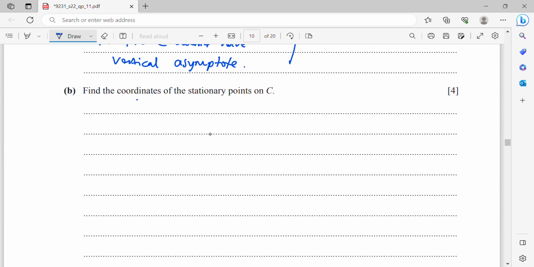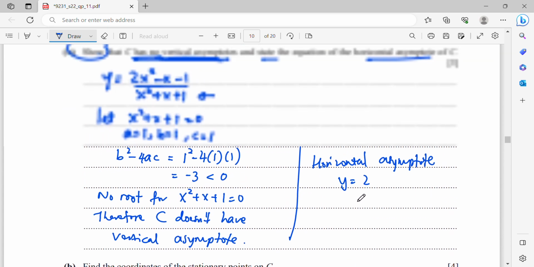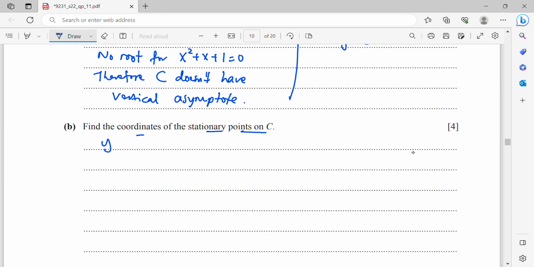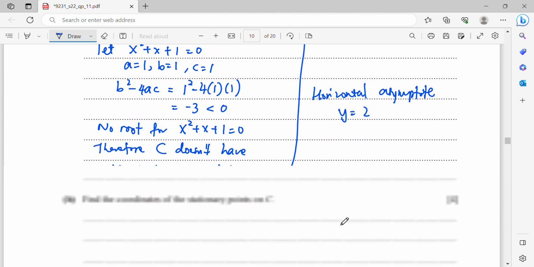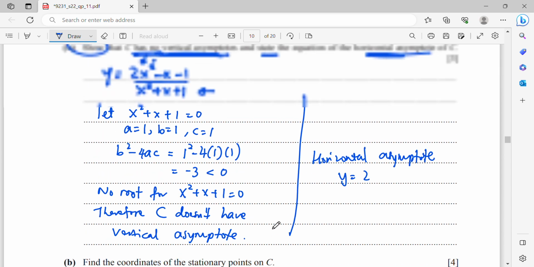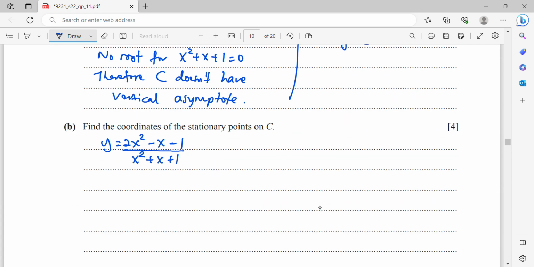Okay, B, find the coordinates of the stationary points on C. Stationary points means dy/dx equals 0. I'm going to copy the y. Now differentiate using the quotient rule.